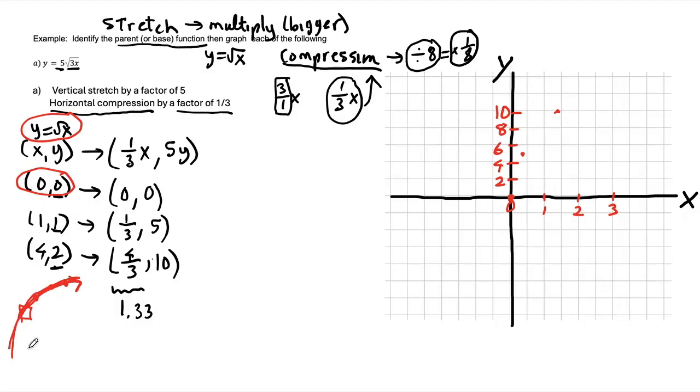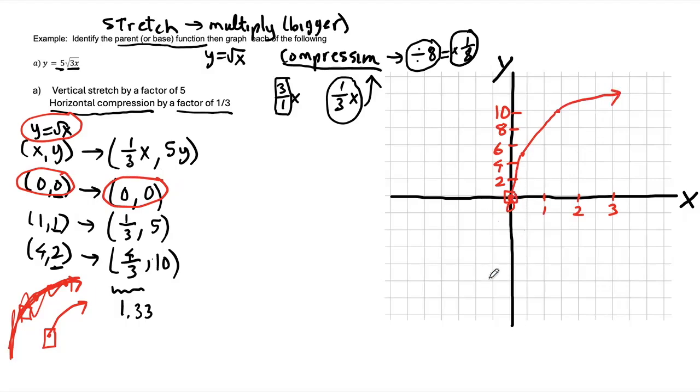That's like the wrong way to do it. You have the 0, 0, and the rest of the key points are on one side. So I gotta make sure that I do that with this new graph. 0, 0 hasn't moved. So this is my starting key point. The other two key points are to the right of it. So I just connect and the graph goes on there forever.